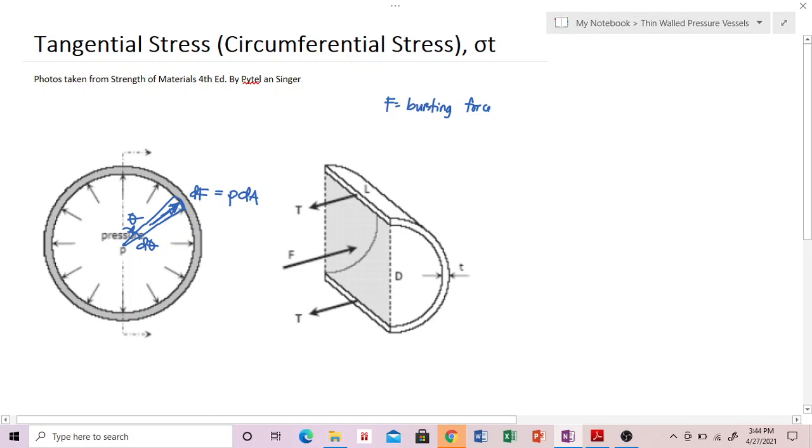Now, from this element, dF is equal to P times dA. Kasi nag-consider tayo ng element kasi later, i-sum up natin siya from theta equal to 0 to theta equal to 180 degrees. So, hanggang dito, considering yung half ng cylinder.